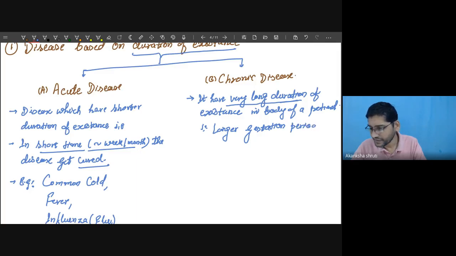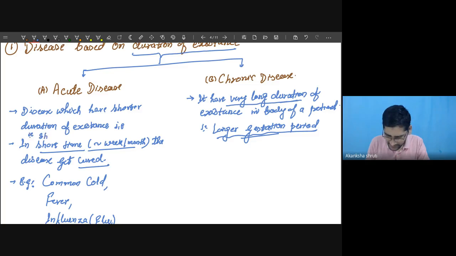Rather than writing that much, only the gestation word is used. So in acute, what does it have? A shorter gestation period. Gestation means the period of existence. That is called the gestation.